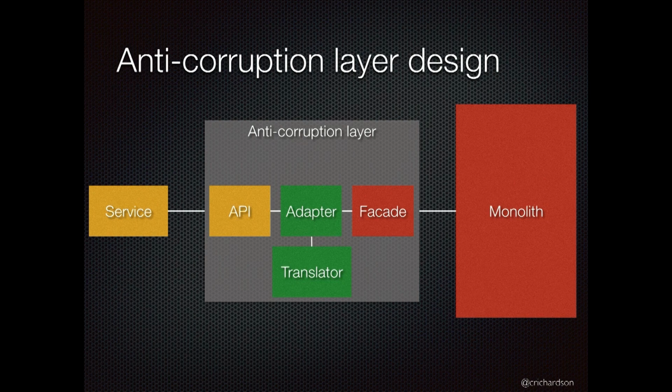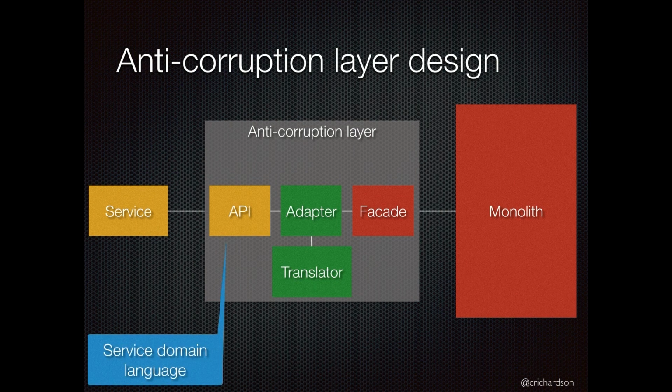Abstractly, the corruption layer looks like this. On the left, we've got the service, and on the right, we've got the monolith. And then the corruption layer sits between the two. The anti-corruption layer has an API, and that's expressed in terms of the domain language of the service.